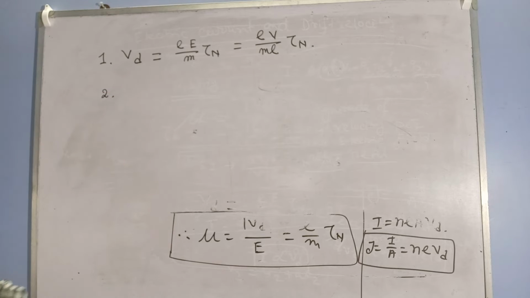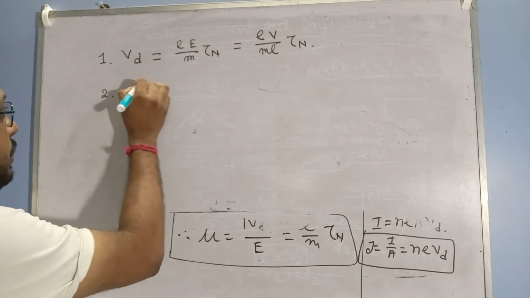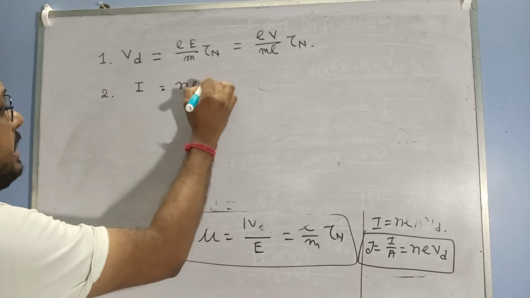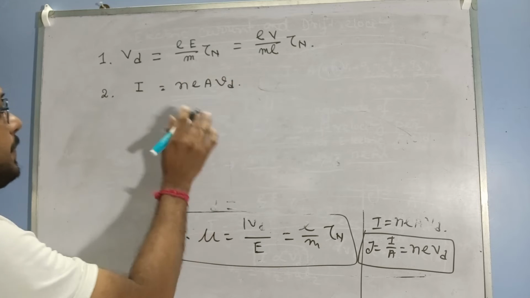Number 2, the current I in terms of drift velocity is neAVd.